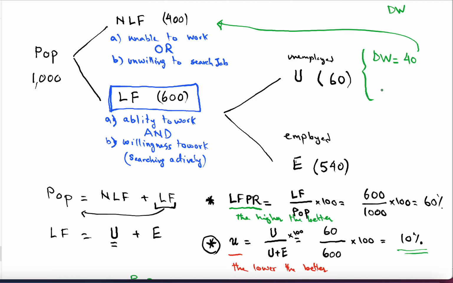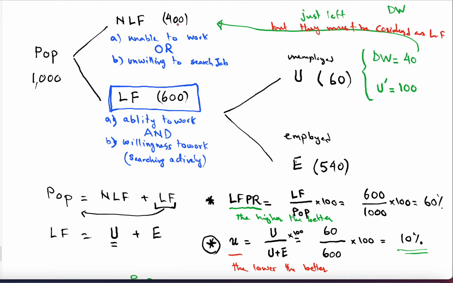So the true unemployment rate would be, you have to give back this 60 to this, so it's 100, because they have just left the labor market. But according to some economists, they must be considered as labor force.